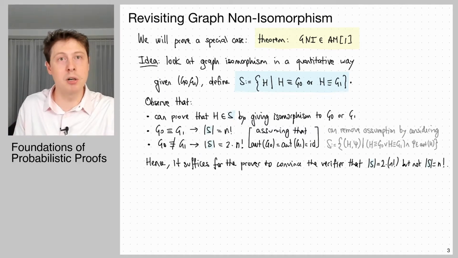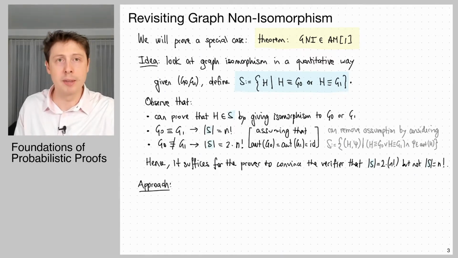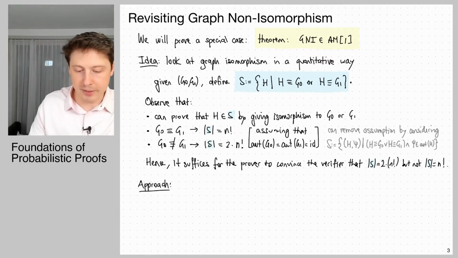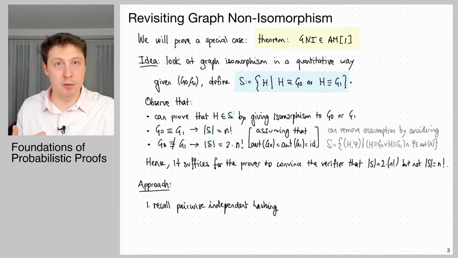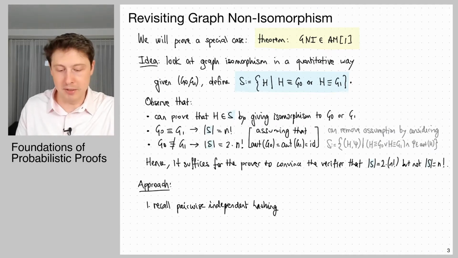We need a public coin interactive proof for this task. That will suffice for our purposes. So the way this is done is we're going to rely on a favorite tool of theoretical computer scientists, pairwise independent hashing. I'm going to remind you of what it is.